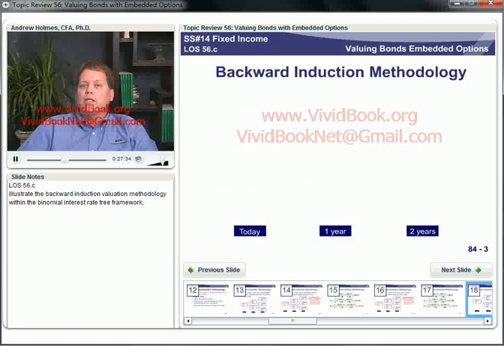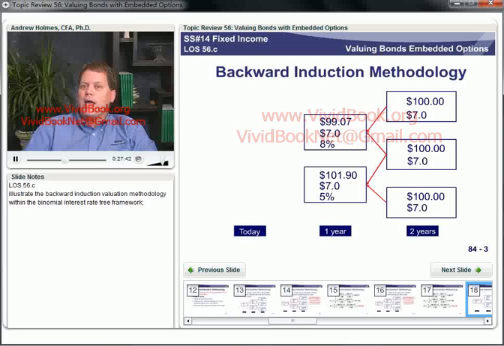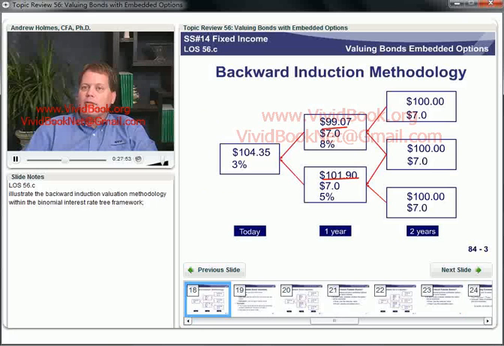So if we wanted to look at this in all its glory now, there's what we knew when we started. At the end of 2 years, the bonds were going to be worth 107. If we discounted those back to today, we calculated a value of 99.07 up here and 101.90 here. Well, now what we're going to do is we're going to take those back to today, not forgetting about the coupon payments.